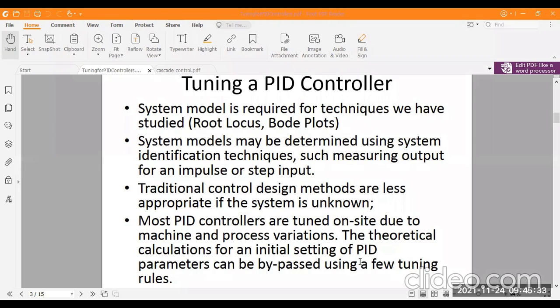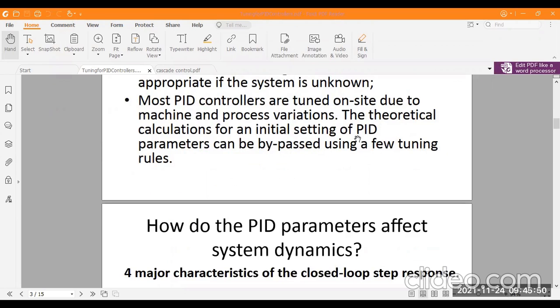This is basically a decision-making step on site due to machine and process variations. A theoretical calculation for an initial setting of the proportional, integral and derivative parameters can be made using a few tuning rules.